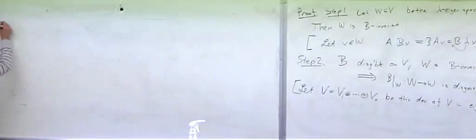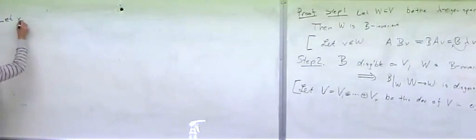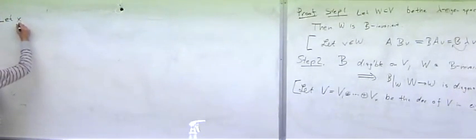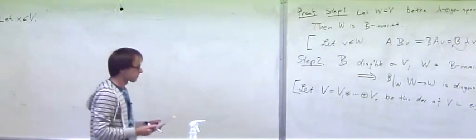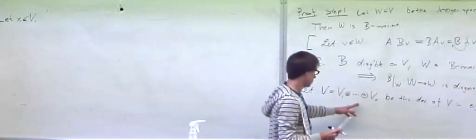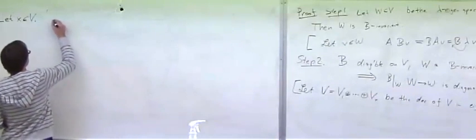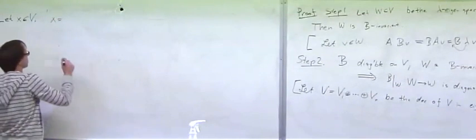Now I take an element x in V, so in the larger vector space, and I decompose it according to this direct sum.